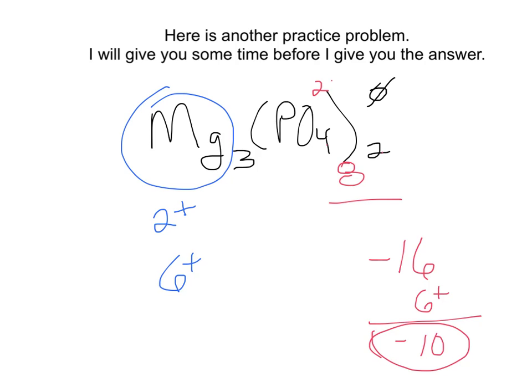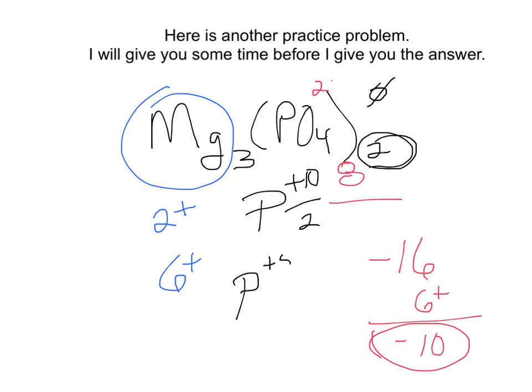So I know that my phosphorus has got to be a total of +10, but I have 2 of them because this tells me that there's 2 of everything inside those parentheses. So divide that by 2, then the oxidation number of my phosphorus is +5, and that would be the oxidation number of what we're looking for here.